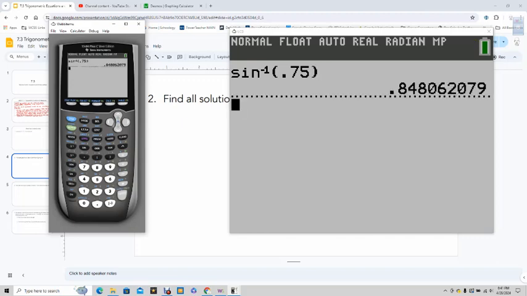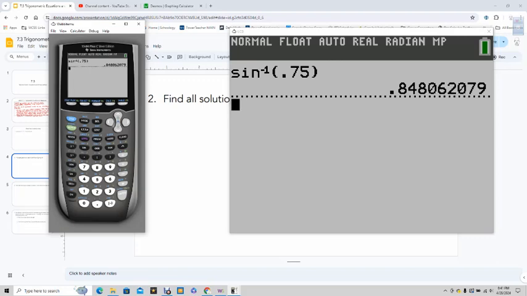That gave us 0.84806. So remember, that is the only angle in the range of the inverse sine, in other words from negative pi over 2 to pi over 2, that's going to give us a sine value of 0.75.